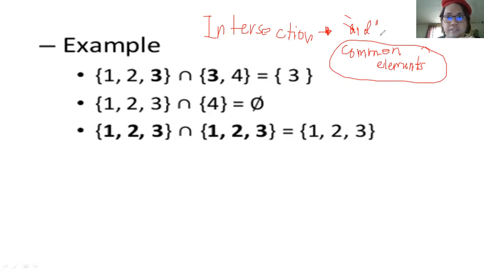Again, it is represented by the word or preposition and. So if you encounter the word and in mathematics or in higher math, like in probability or other fields of set theory, then and means intersection. Another very simple way to define an intersection is an operation on sets where we find the common elements of both sets.